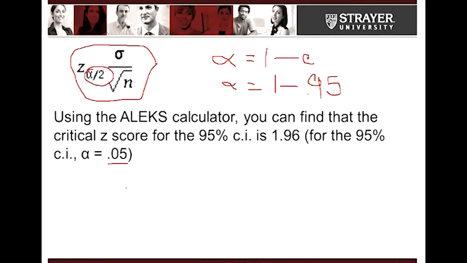So you're actually going to put in 0.05 divided by 2, which is 0.025. And that's what you'll use in the ALEKS calculator. Okay? And that answer will come out as 1.96 for your critical Z. That's what we'll use for Z.